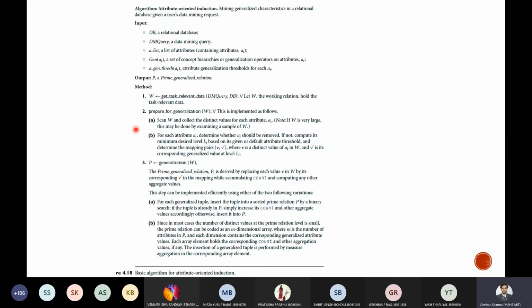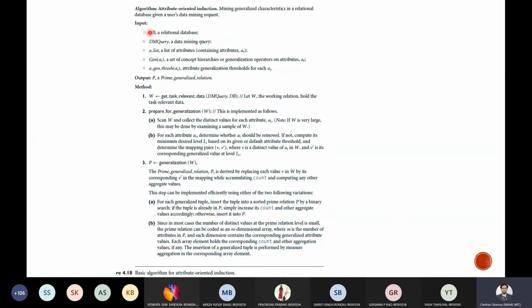You won't be asked to write the basic algorithm for attribute induction. You can just remember these steps in general, like what the input is and what the output is. The first step is to get a relational query to collect the task relevant data.